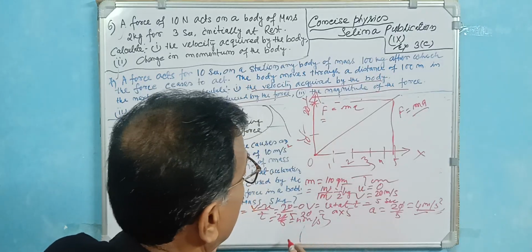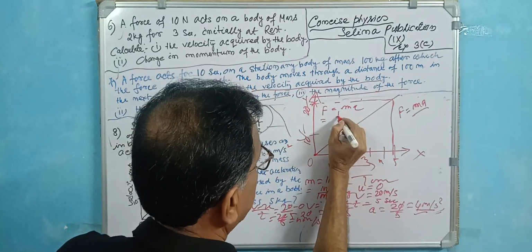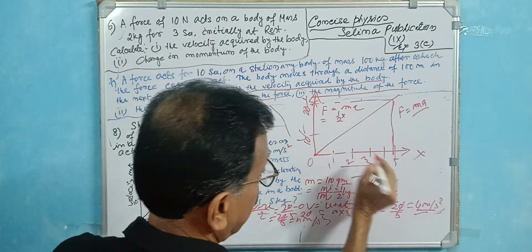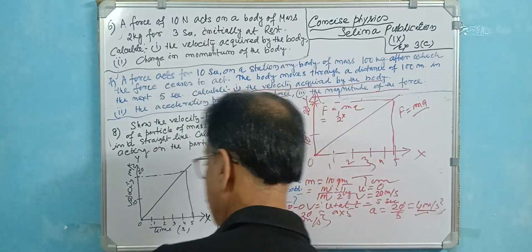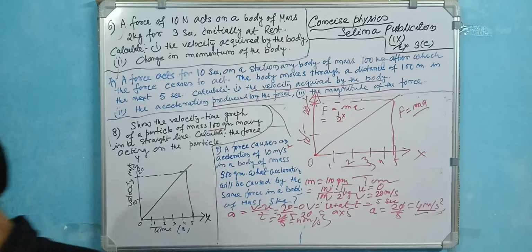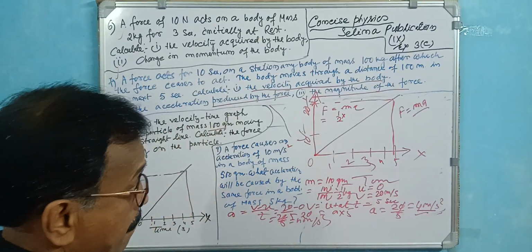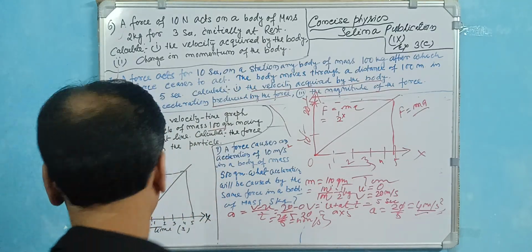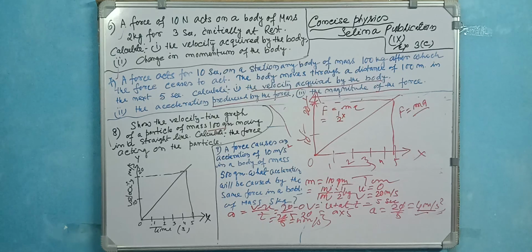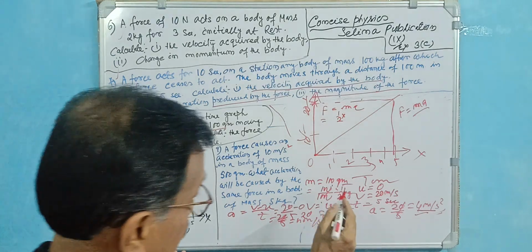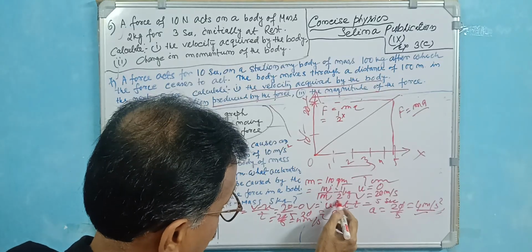What? I calculate 100 by 1000, the half kg. This half, and this is 4. This is half kg.